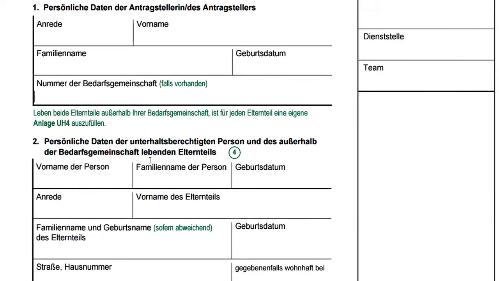If you're over 18 years of age and you're filling it in by yourself, then you write your details in the first part and also in this part.